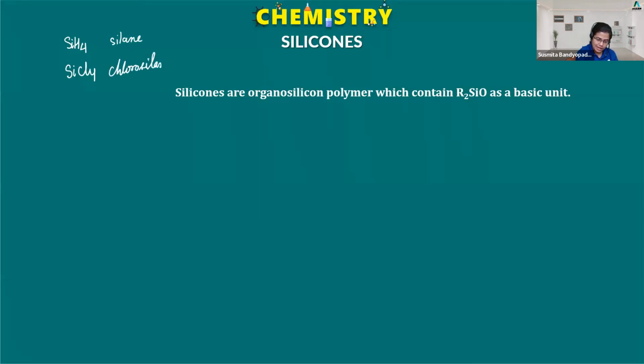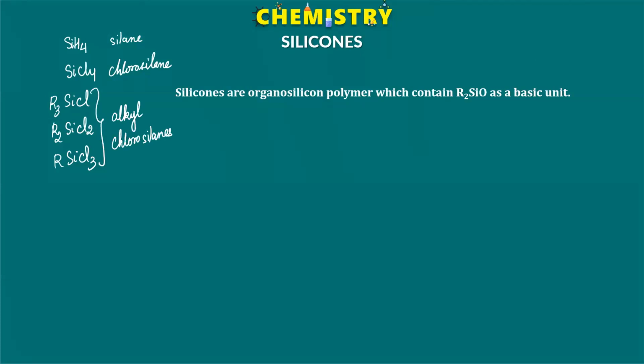Again, this is important. Last 5-10 minutes, have patience. Exam wise, silicates and silicones are important. Now, if I replace 3 of them with an alkyl group, or 2 of them with an alkyl group, or 1 of them with an alkyl group, they all will be categorized as alkyl chlorosilanes.